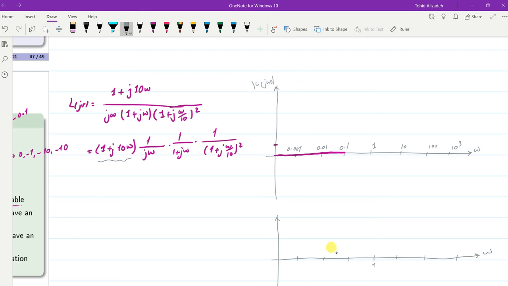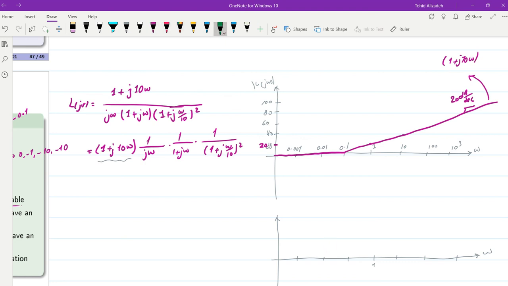And if I say that here we have 20, 40, 60, 80, 100, we will have a straight line from 0.1 upwards with the slope of 20 dB per decade. So we will have a line like this, which has 20 decibel per decade as the slope, and it is for our zero, 1 plus j 10 omega.